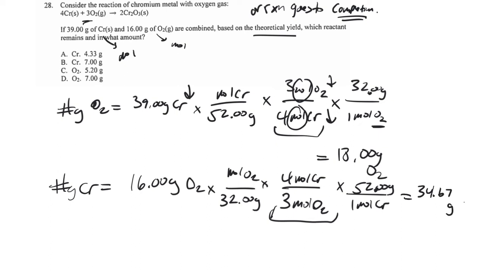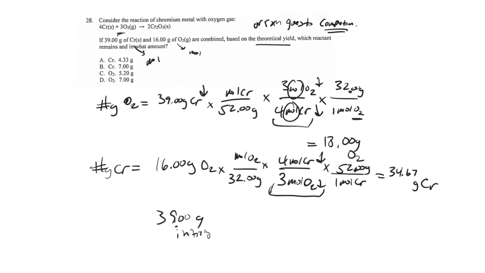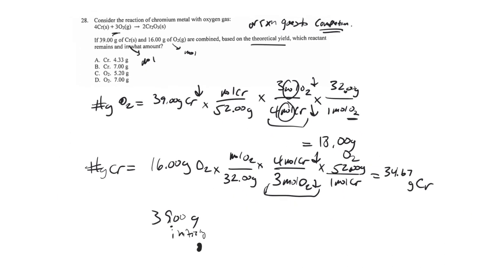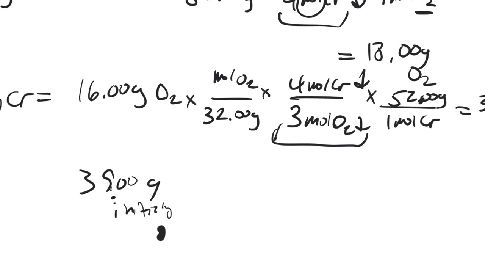But 34.7 grams of chromium is the chromium that reacts with this oxygen. And so we had 39.00 grams initially present. So that's the mass that we had initially present, minus the 34.67 grams that reacted.